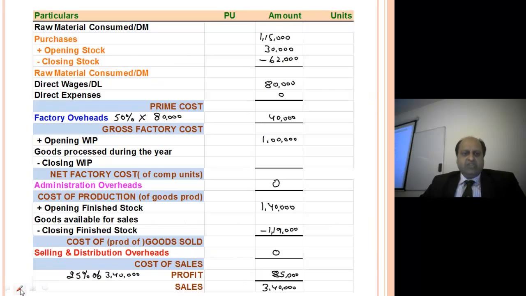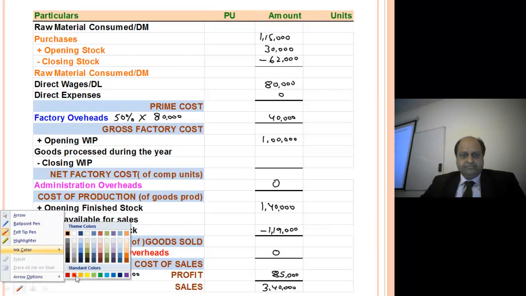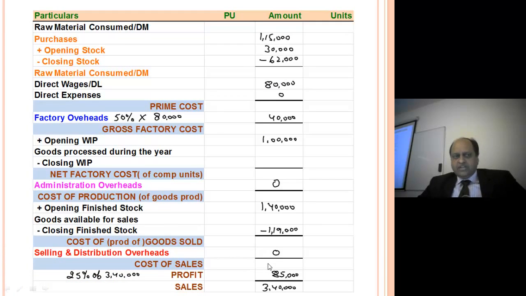Okay. Now, we have done everything. Now I'll change the color of my pen. Now all these figures I am finding out. So what is my cost of sales? 340 minus 85. So I'll move upward and get 2,55,000. Further upward, plus 1,19,000.